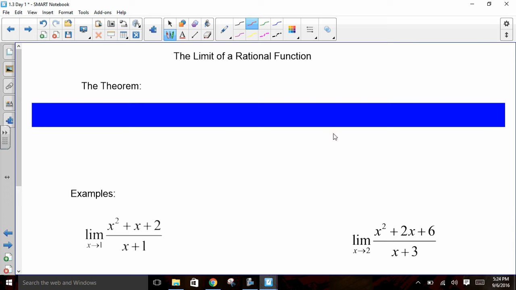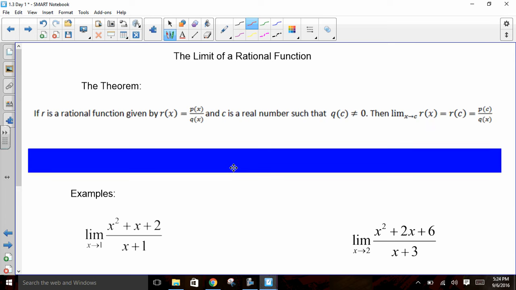All right, next we have a theorem. My theorem says that if r is a rational function given by r of x equals p of x over q of x, so I'm essentially saying I have 3 equations now, and c is some real number such that q of c is not equal to 0, because again, we don't allow 0 on the bottom, then we can plug everything in.